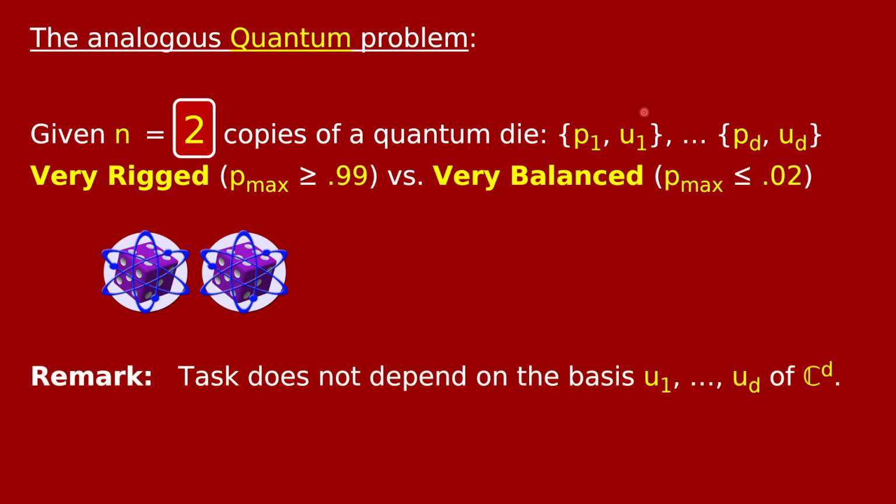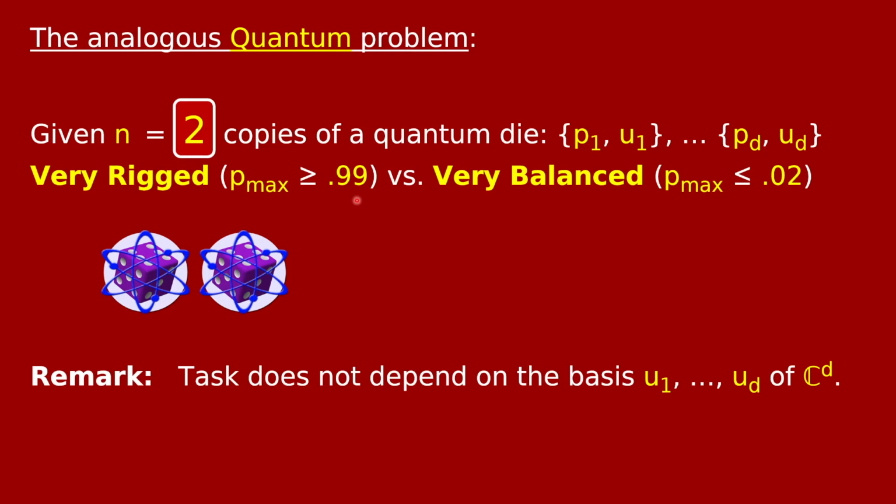And I'd just like you to note that this test doesn't depend at all on the basis. I mean, the basis does exist because these are quantum dice, but what you care about and what you're promised about only has to do with the probabilities. This might sound like a contrived problem, but it's actually quite natural in the quantum world. The case of a very rigged state is called an almost pure state. We talked in an earlier video about how you might be most used to quantum states that are just 100% probability on one unit vector.